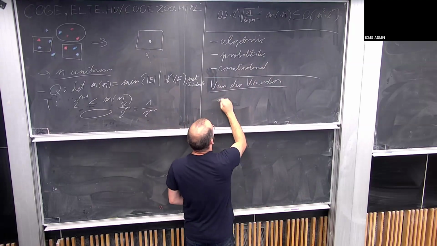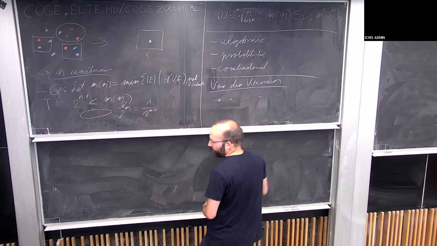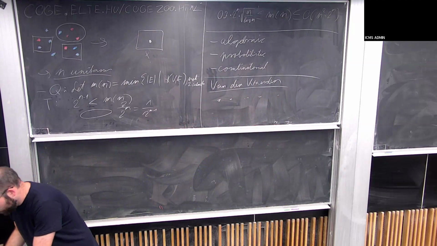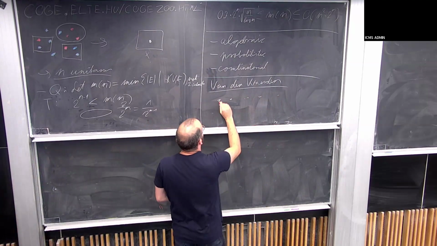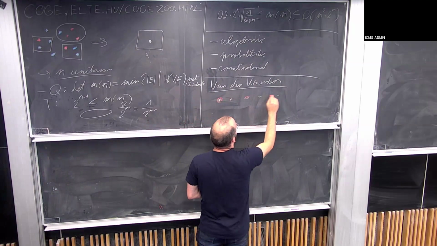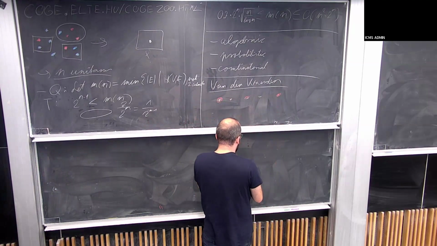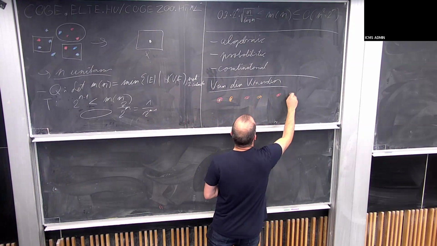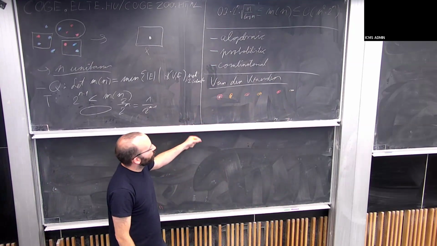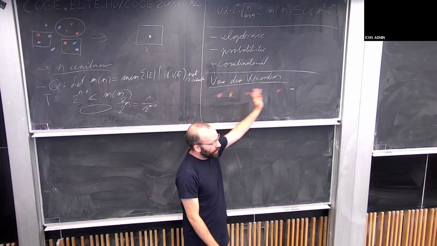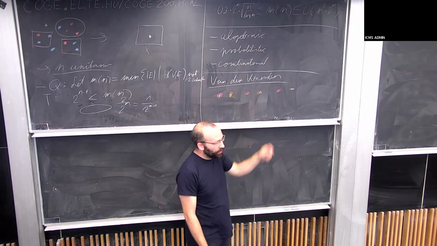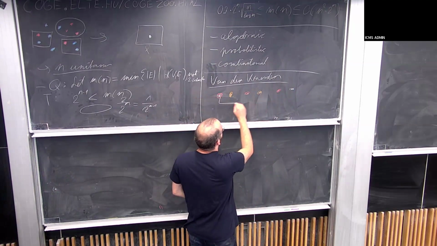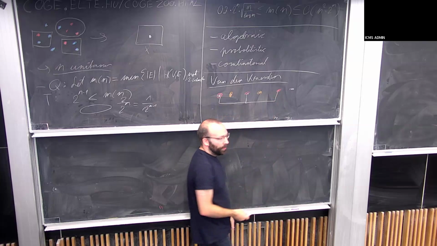If we have the integers and we color them with some colors, then, if I take enough integers and color them with k colors, I will find a monochromatic arithmetic progression.